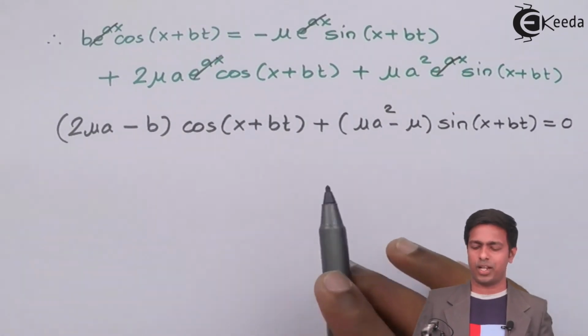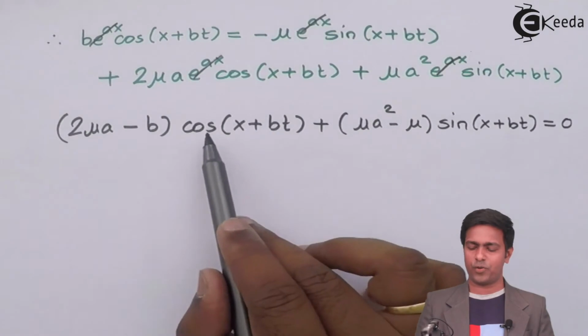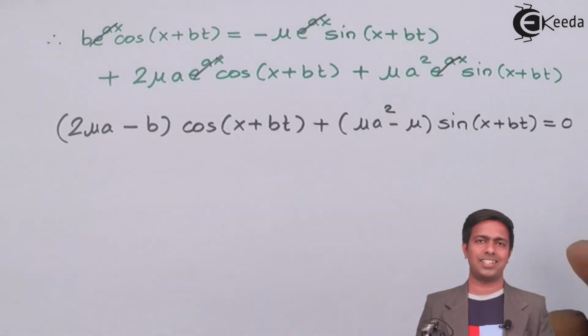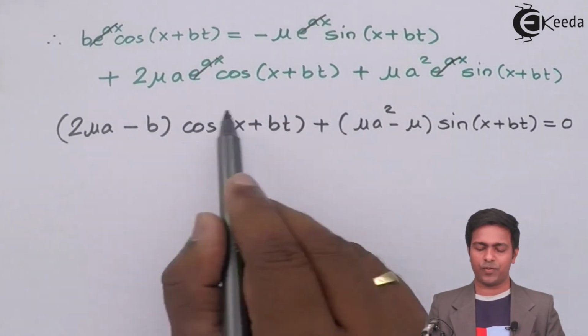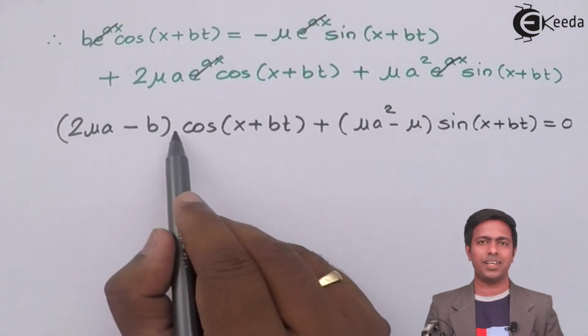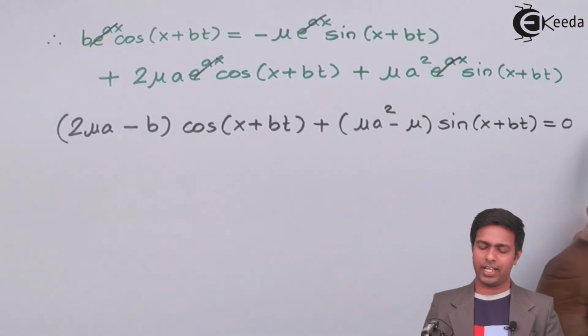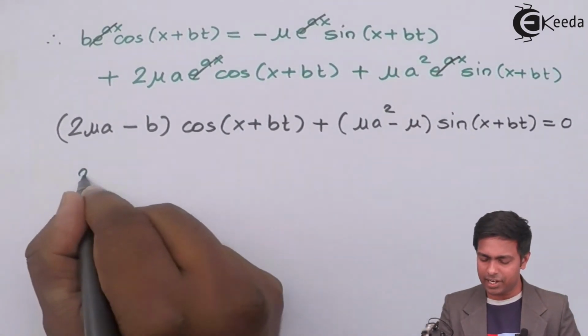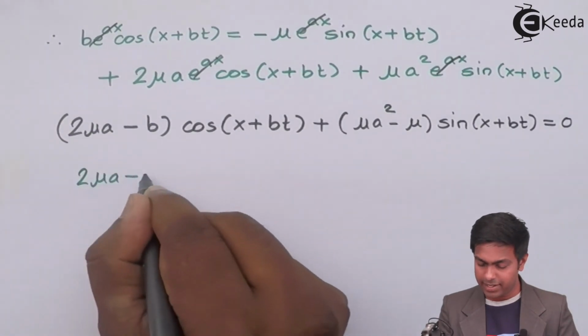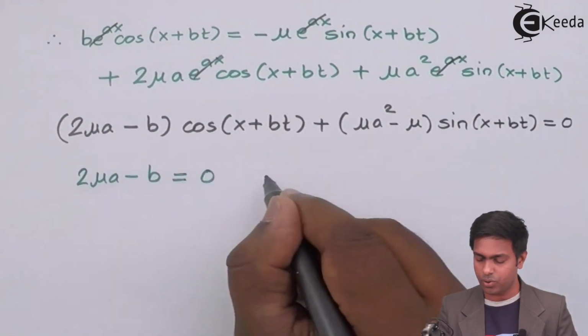Or what you can do is you can compare the coefficient of cos and sine on both sides. So it's a kind of a comparison. So here the coefficient of cos is 2 mu a minus b. On the right hand side, we can say that the coefficient of cos is 0. So we can say that 2 mu a minus b is equal to 0.